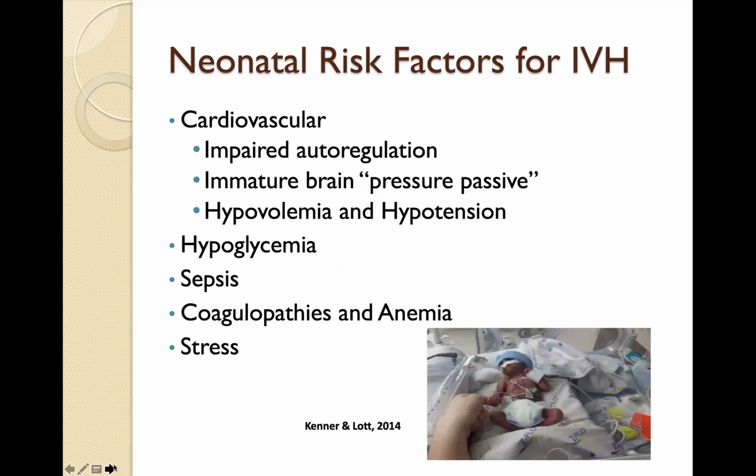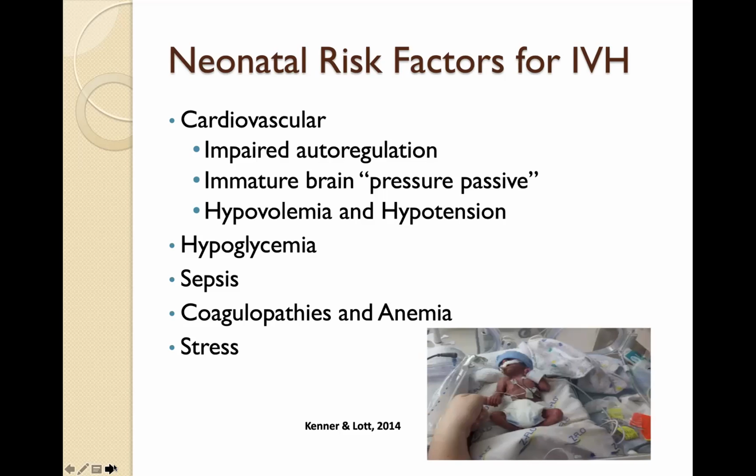Cardiovascular risk factors: impaired autoregulation, an immature brain, pressure-passive circulation, hypovolemia, and hypotension. What it means is these babies have limited ability to control their cerebral perfusion and cerebral blood flow during high or low systemic pressure.